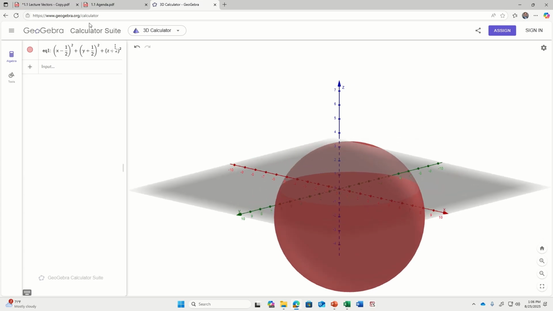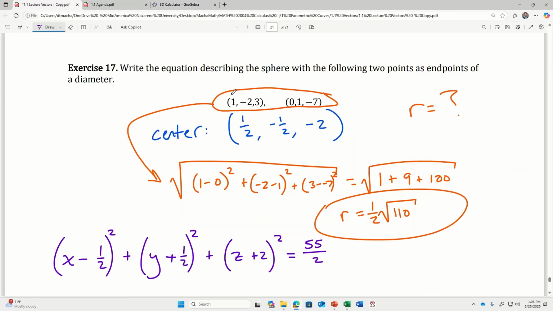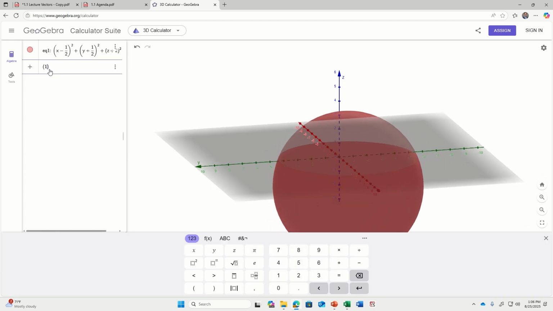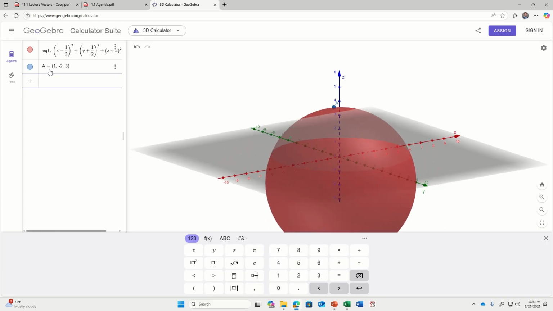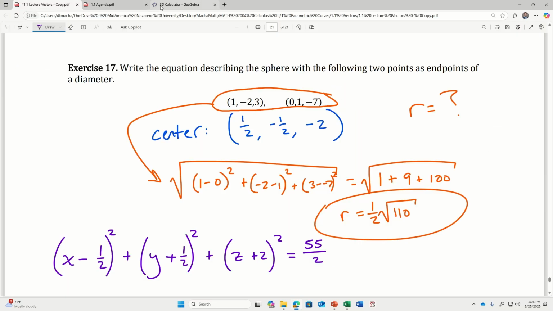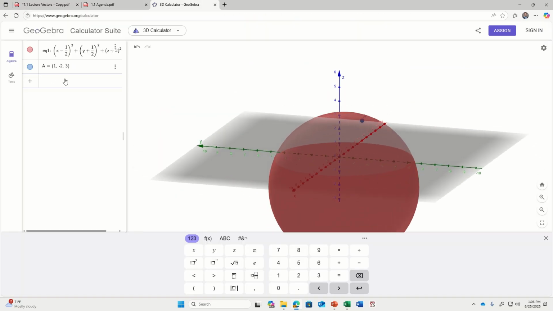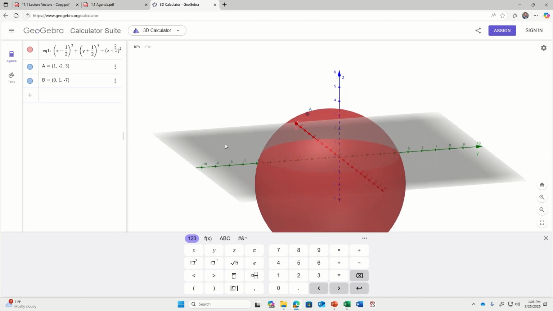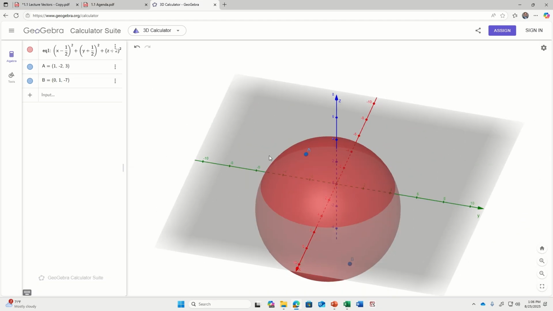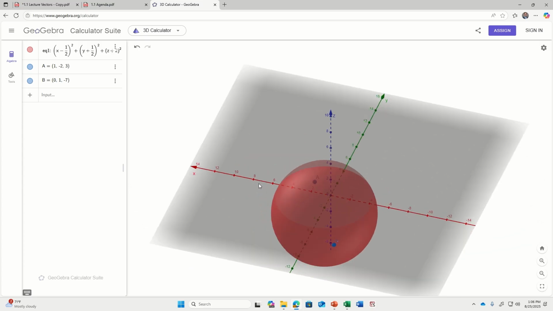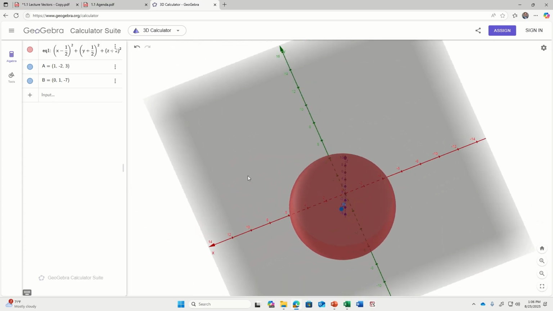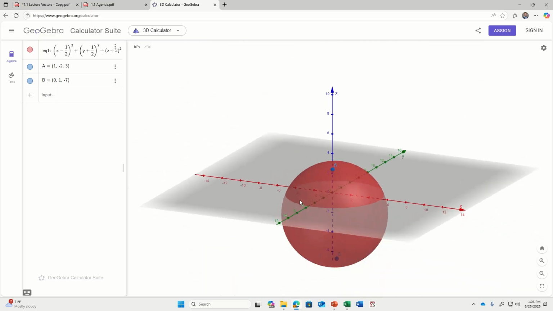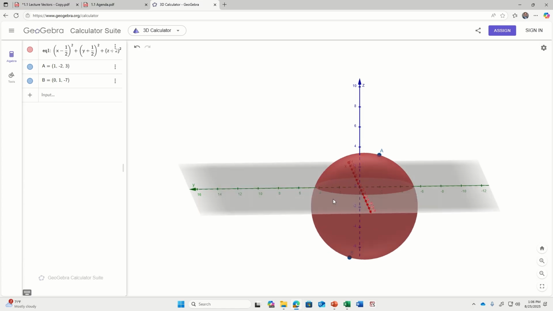Wow. And we can even see too, if I put the point 1, -2, 3, and also 0, 1, -7. We can just verify that these were supposed to be endpoints of a diameter, and that might be a little bit hard to tell, but at least they look like they're on opposite sides of the sphere. And they're at least on the surface of the sphere, which is good.